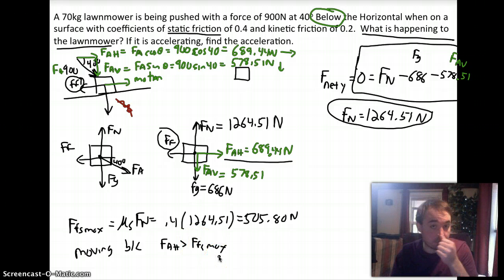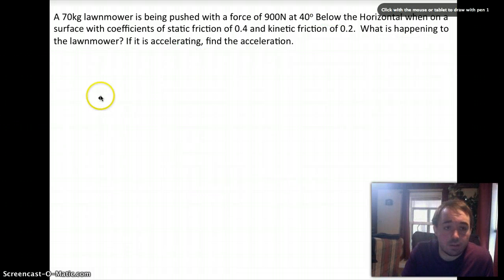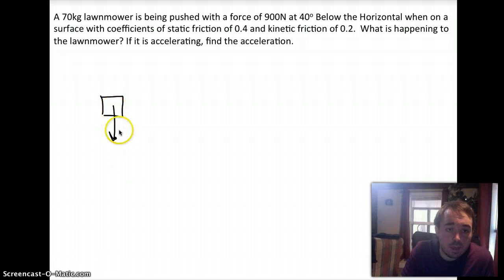So now we've got to look to see what the acceleration is. Our acceleration comes from our net force, but since it's moving, we've got to use FFK. And I think it's time to redraw this.